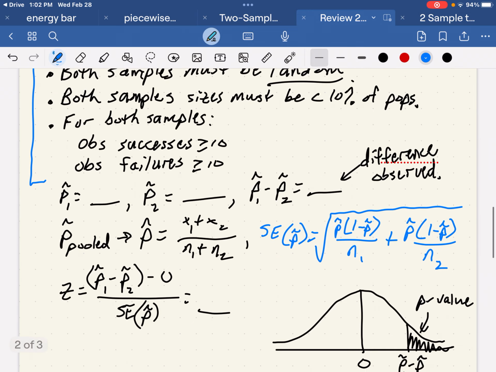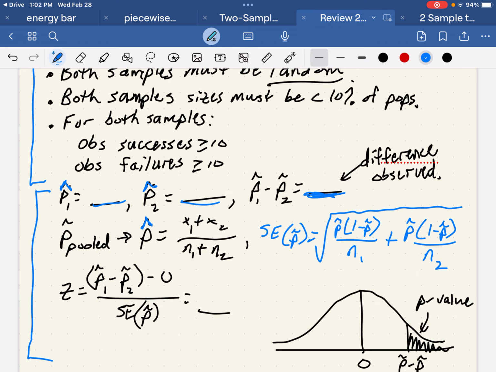Okay, then you move on to the do phase. The do phase is get both of the sample proportions, p1 hat and p2 hat, get those values, and then subtract them so that you get the difference between them so that you're comparing them. And then remember, we had this very quirky p hat pooled, which your calculator just calls p hat, that you have to calculate.